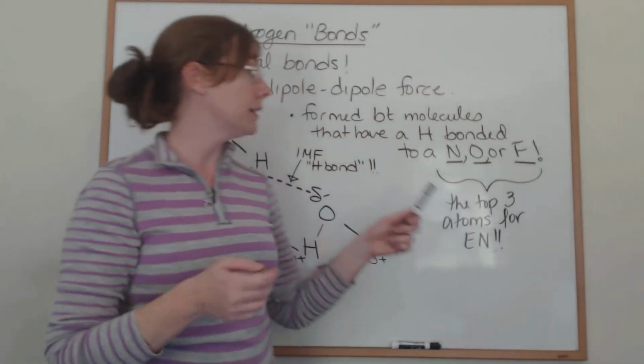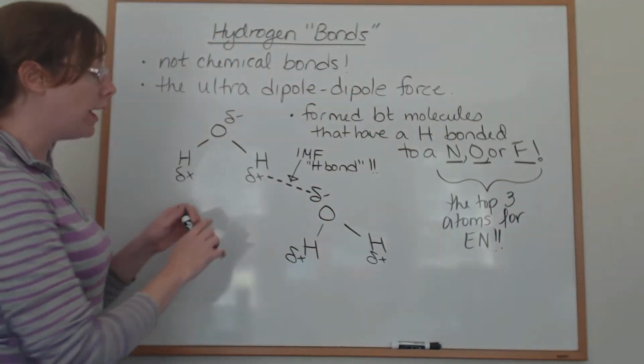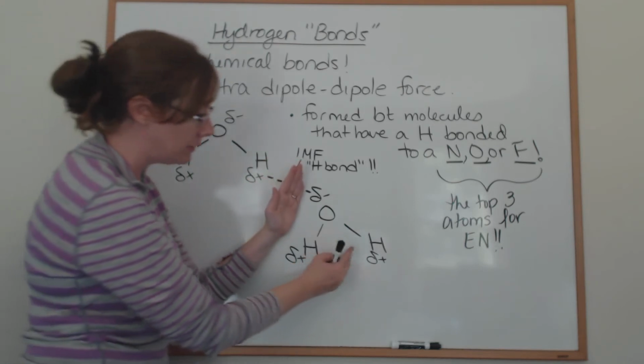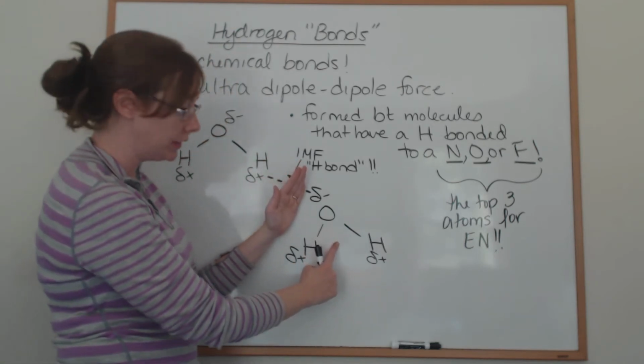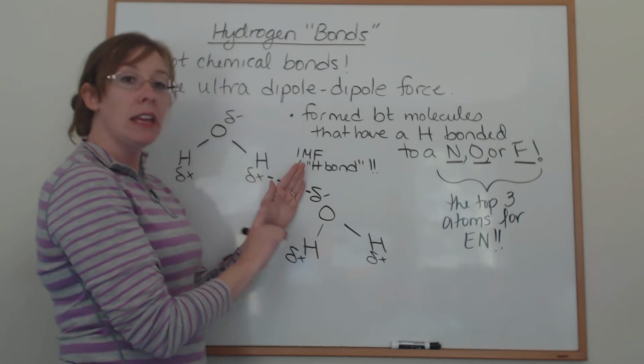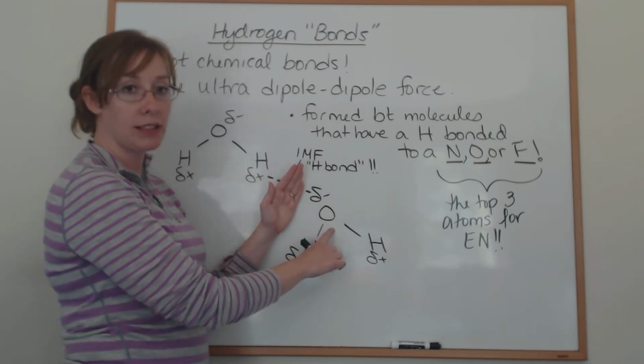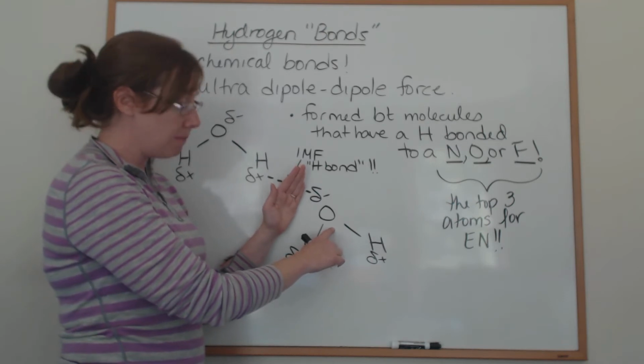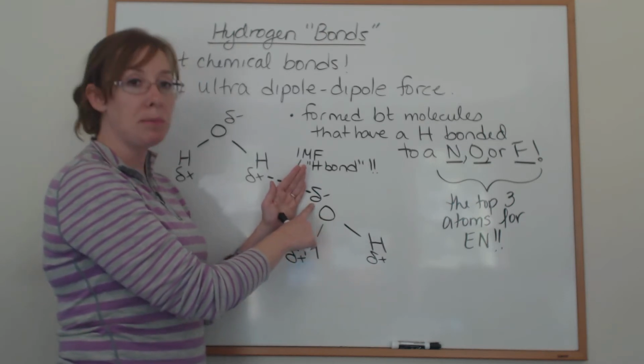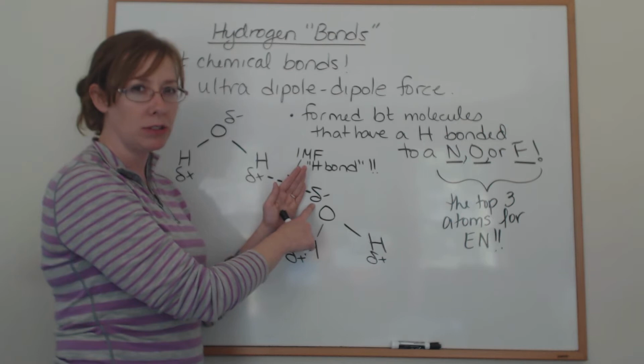First, second, and third place. So why is that significant? Well, let's just focus on this water for a second. There is a huge difference in electronegativity between hydrogen and oxygen. Because of that, the oxygen is not just partial negative, it's very partial negative.